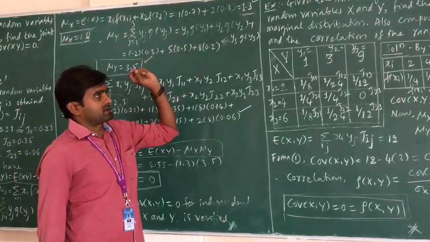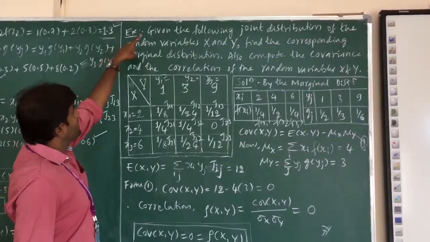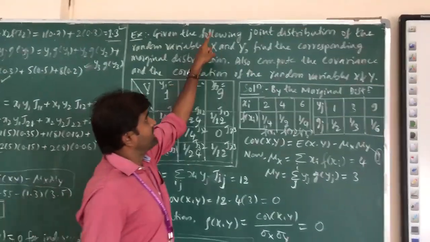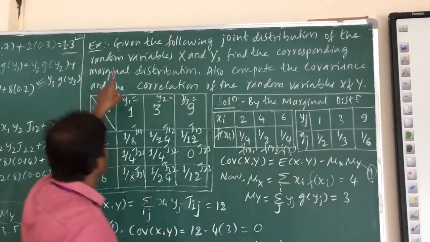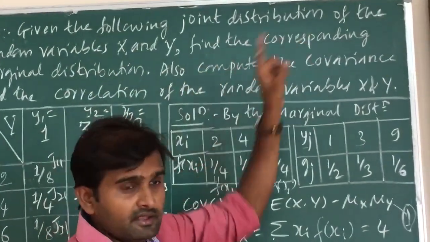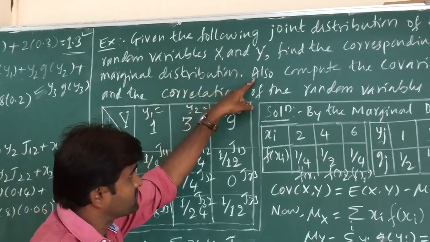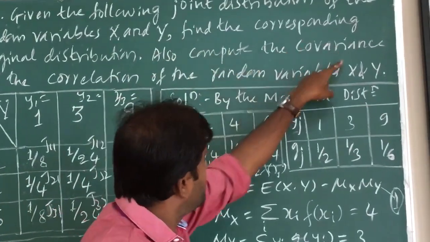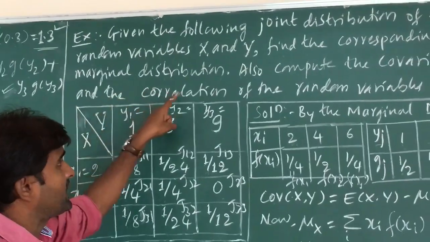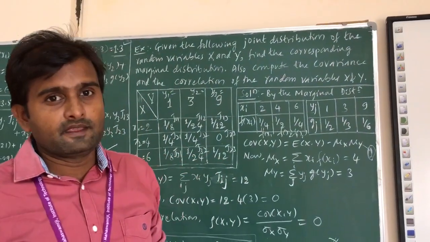Similarly, let us see one more example, with a brief solution. Given the following joint distribution of the random variables x and y, find the corresponding marginal distributions. Also compute the variance and the correlation of the random variables x and y.